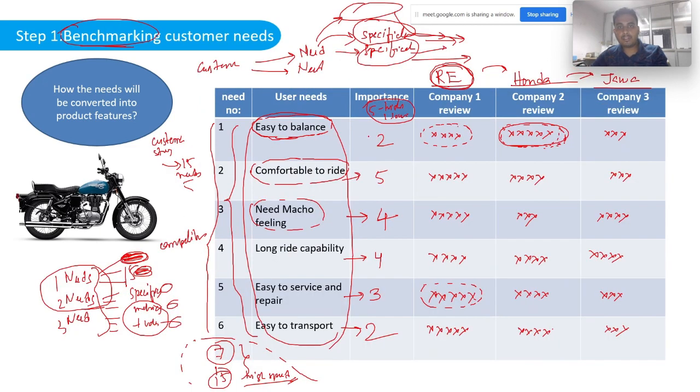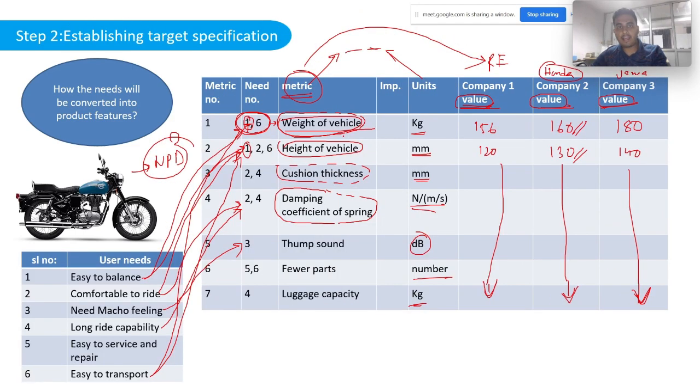Just try to analyze this. We found that the customer rating for Honda is 5 star for easy to balance, right? And when we come to the specifications, we see that this first need is addressed by these two metrics, height and weight.